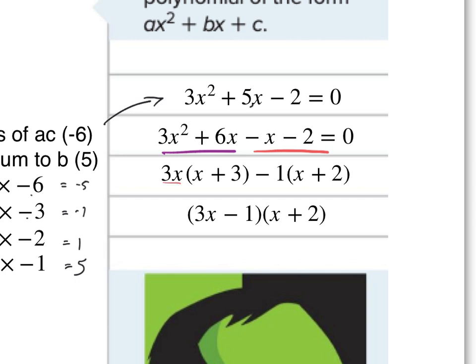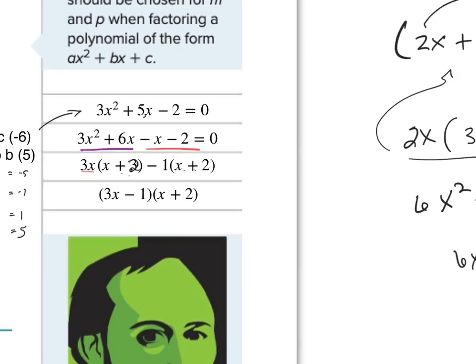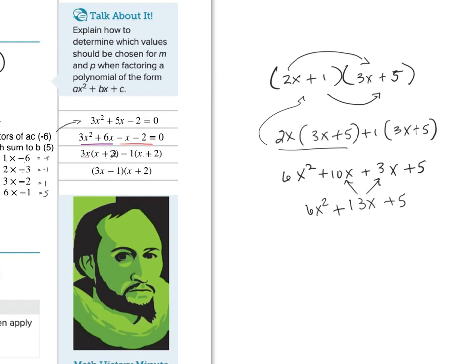When you factor that out, you end up with x plus 2, right? X plus 2, that's a typo. Minus, so if we were to have x plus 2 here, because we want these two things to be the same, right? Just in our example over here, this is the same as that.